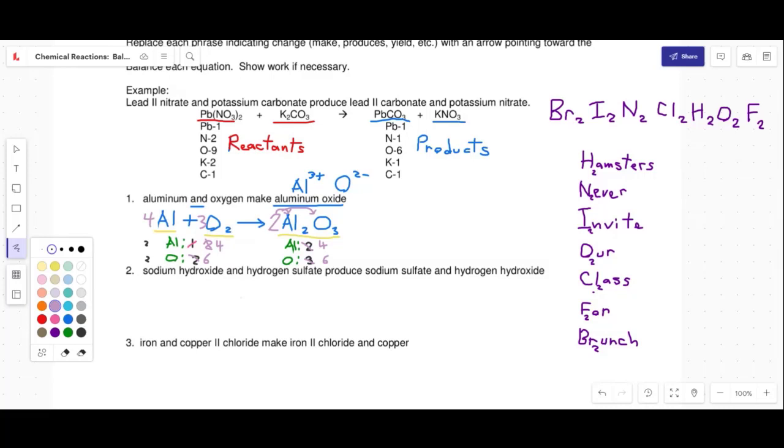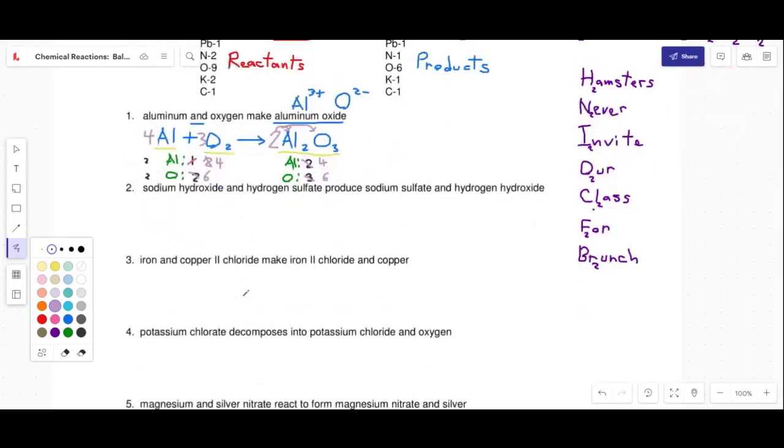So now I'll go ahead and proceed to do the next one. It says sodium hydroxide and hydrogen sulfate produce sodium sulfate and hydrogen hydroxide.